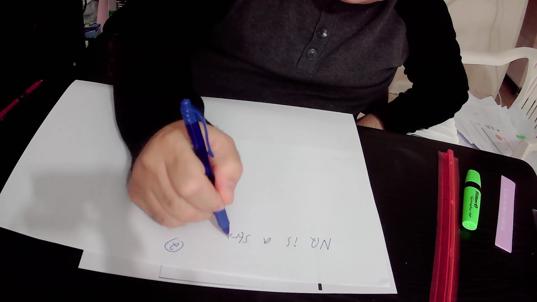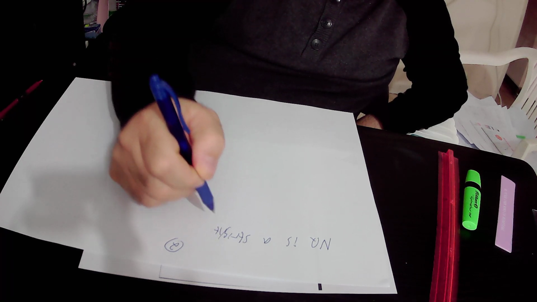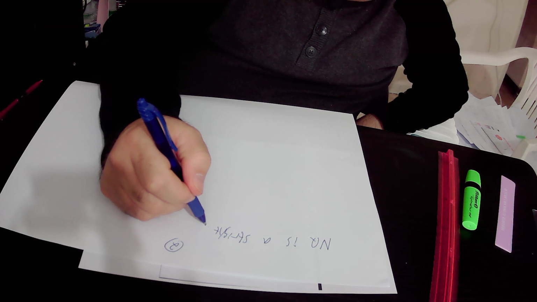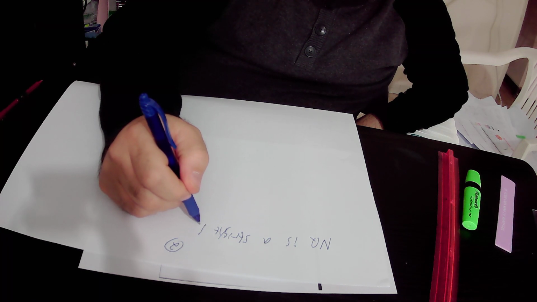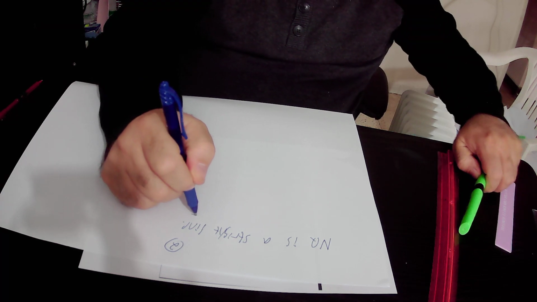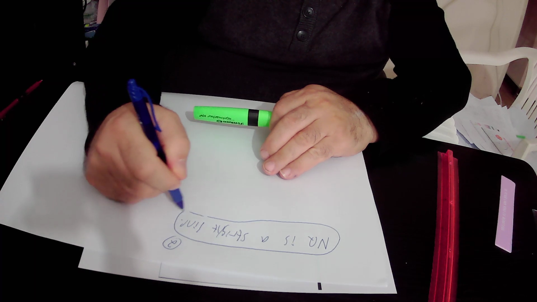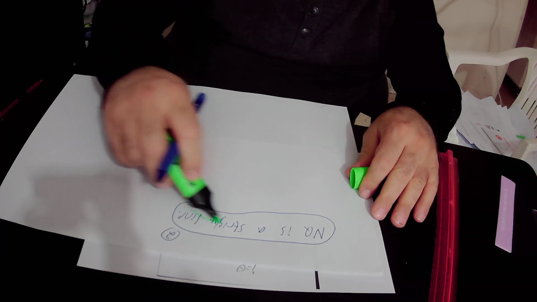Line segment NQ is the diameter, it must be a straight line, so NQ is a straight line.